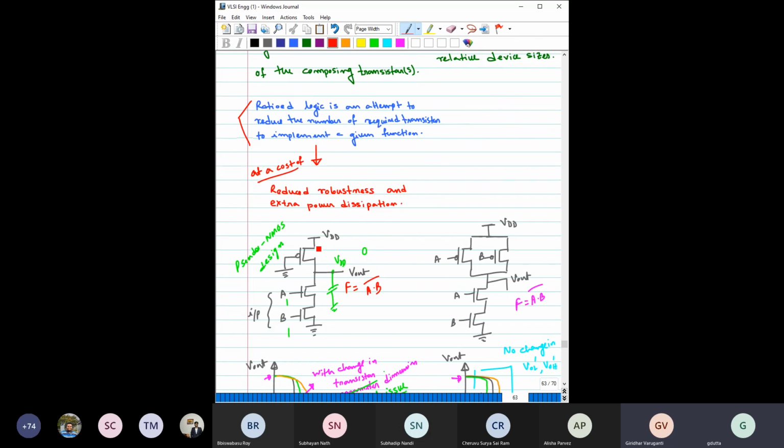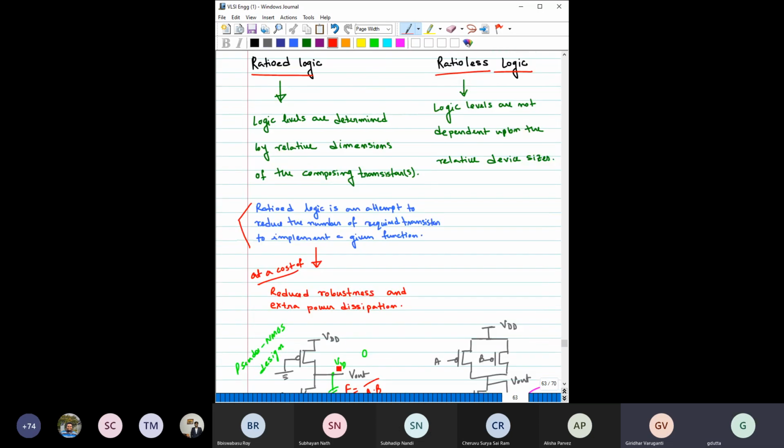The whole purpose is that, for the two-input case, if you compare the number of transistors, here it is 3, here it is 4. For CMOS, if you have two inputs, you need two transistors for the pull-down network and two transistors for the pull-up network. But here you need only one transistor for the pull-up network.